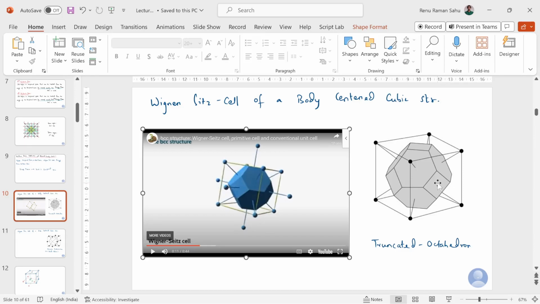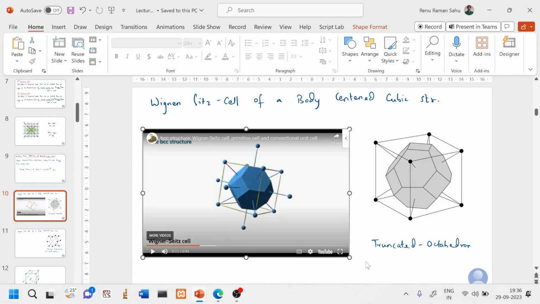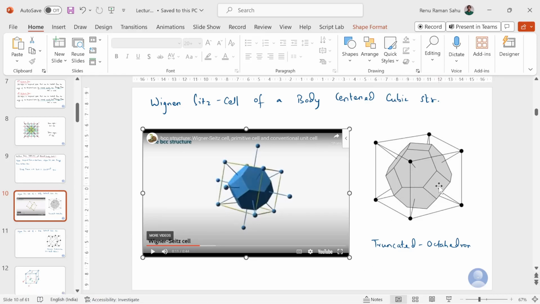You may take some time at your own pace. This square is the plane: imagine this cube has a body center, and the neighboring cube also has a body center. Imagine a line joining these two body centers and perpendicularly bisect it. It will coincide with this particular plane.